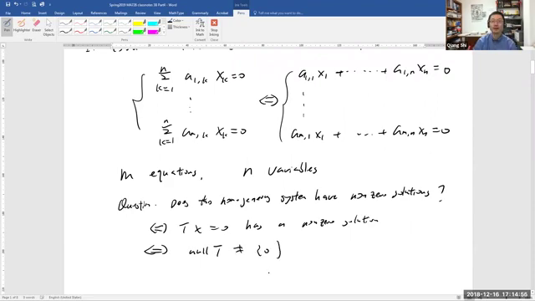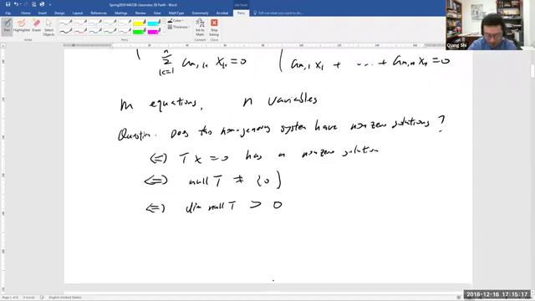There must be at least another non-zero vector in the null T. So this means the dimension of null T is greater than 0, because if it's equal to 0, that means it only contains 0. Otherwise, these are equivalent: dimension of null T bigger than 0, and null T is non-trivial.